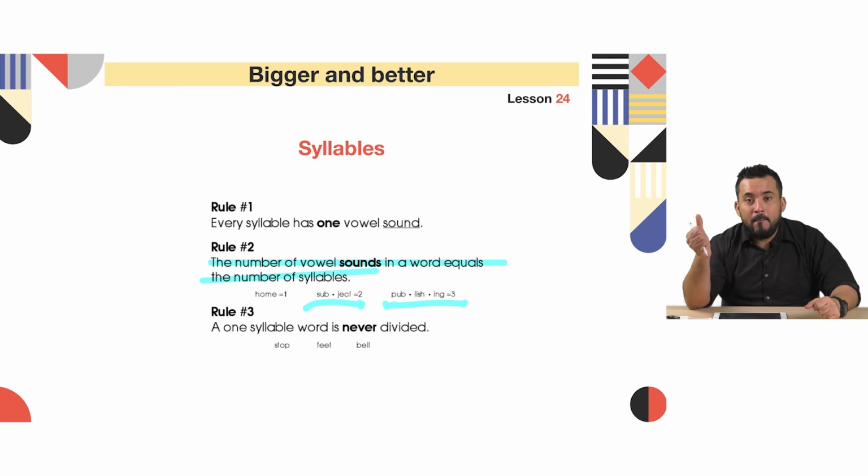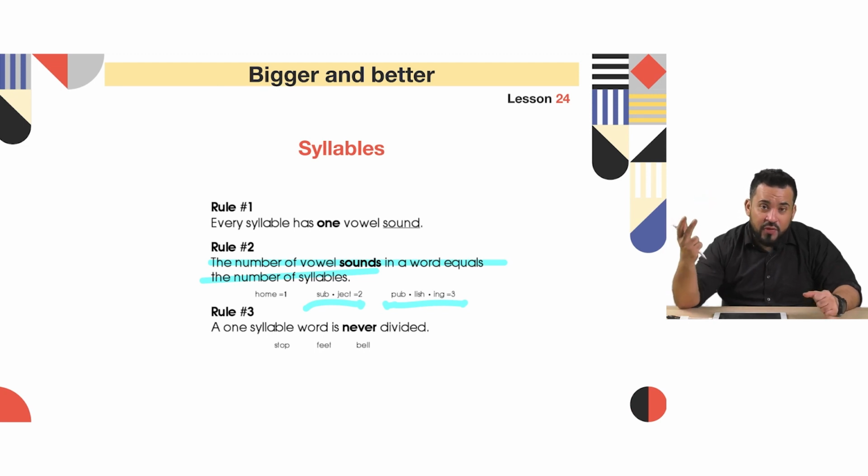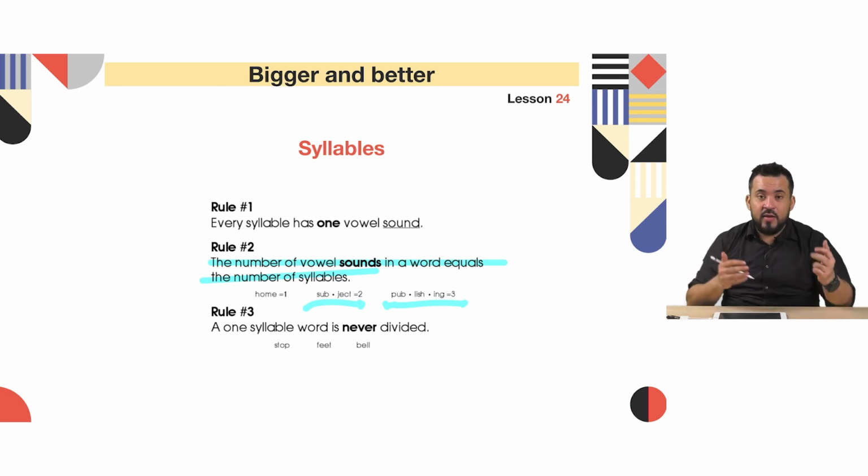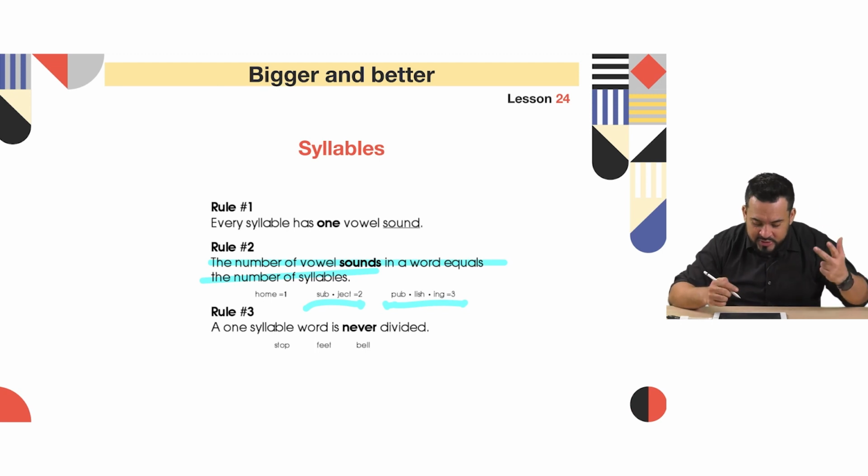Publishing, that's three syllables, three vowel sounds. The first vowel sound is uh, publish has an I vowel sound, and the third vowel sound is also I, ing. So three vowel sounds, three syllables.